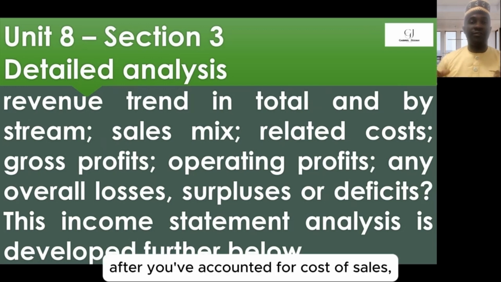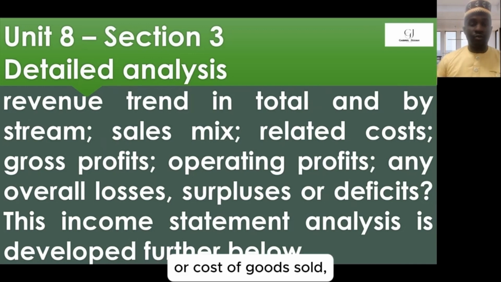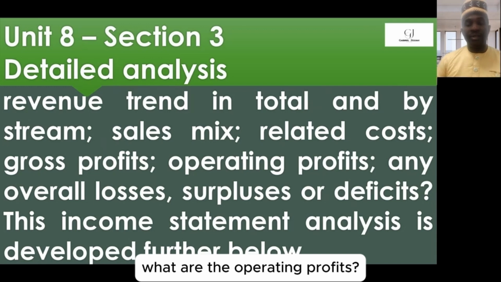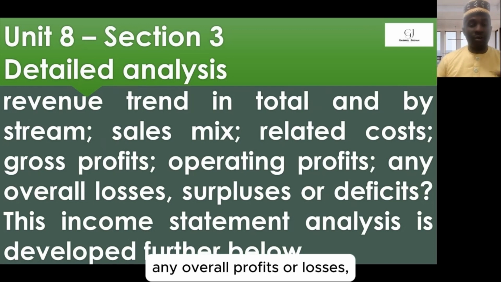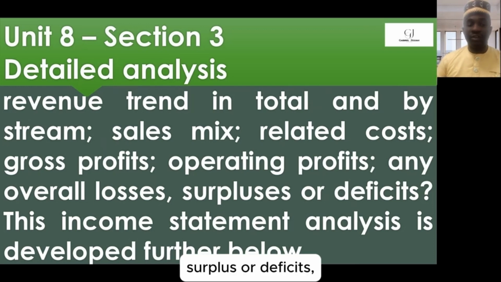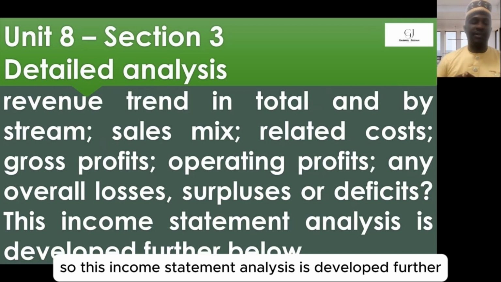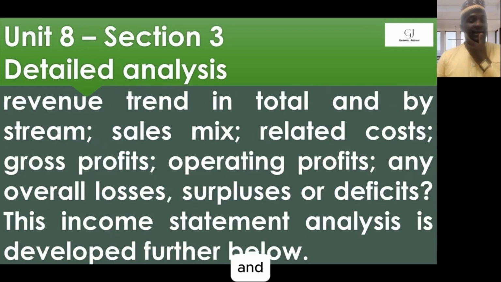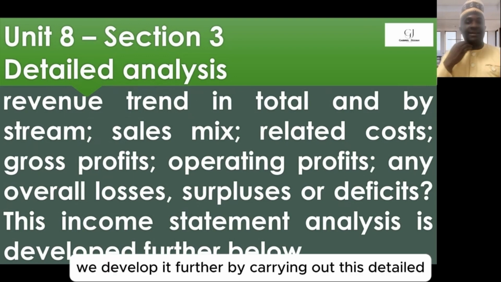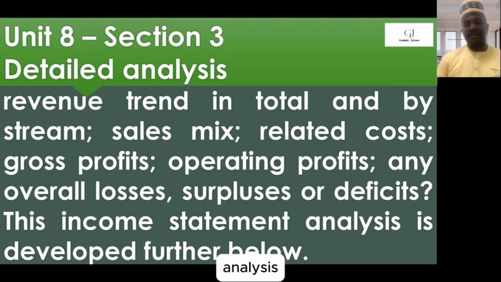What is the gross profit after you've accounted for cost of sales, cost of goods sold? What are the operating profits after you've deducted distribution and admin? Any overall profits or losses, surplus or deficits? So this income statement analysis is developed further, and we develop it further by carrying out this detailed analysis.